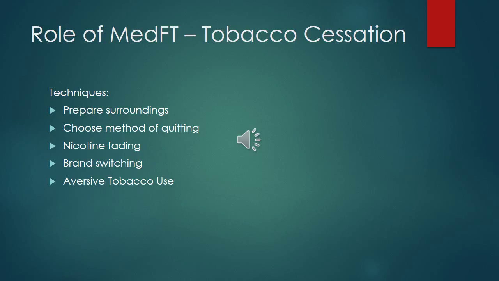Also, they need to be very proactive in choosing a method of quitting. So doing some research and being very deliberate in identifying this is the method that is going to be used to help quit tobacco usage. And so some of those techniques include nicotine fading, so starting to reduce amounts of usage over a specific period of time.